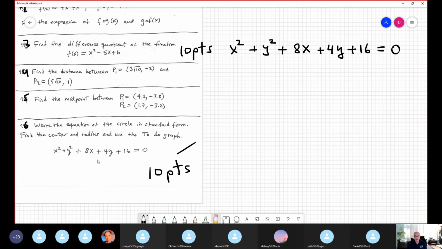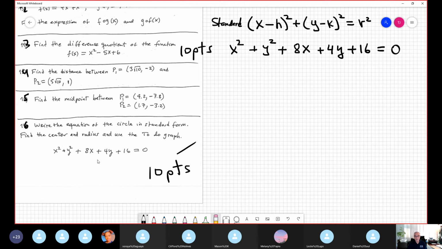I need to convert to this format, which is standard. This is non-standard, called general. But I don't care about the name.